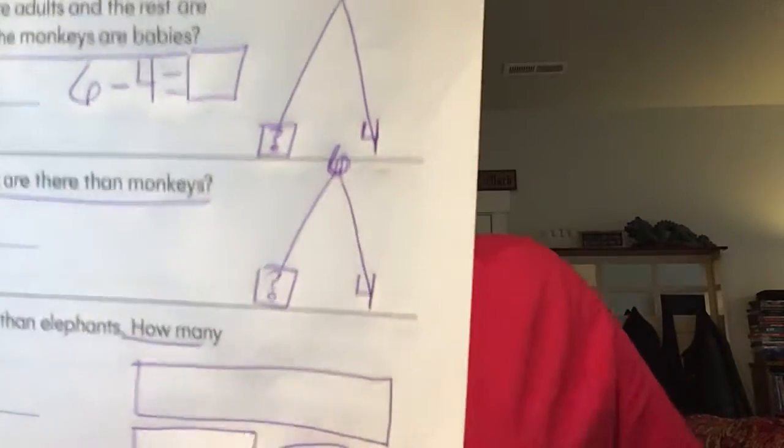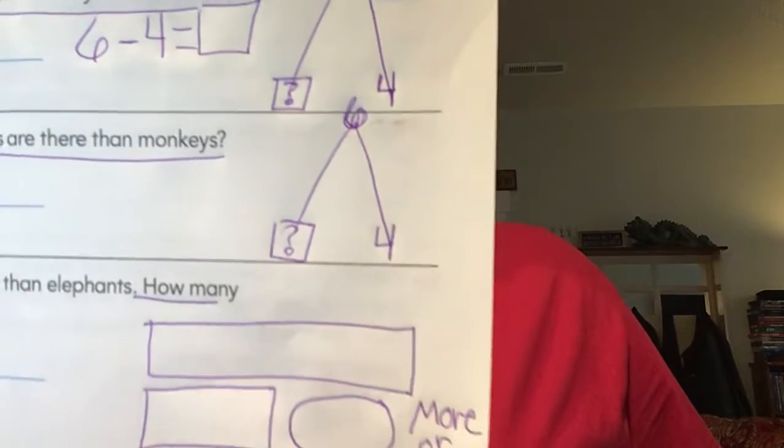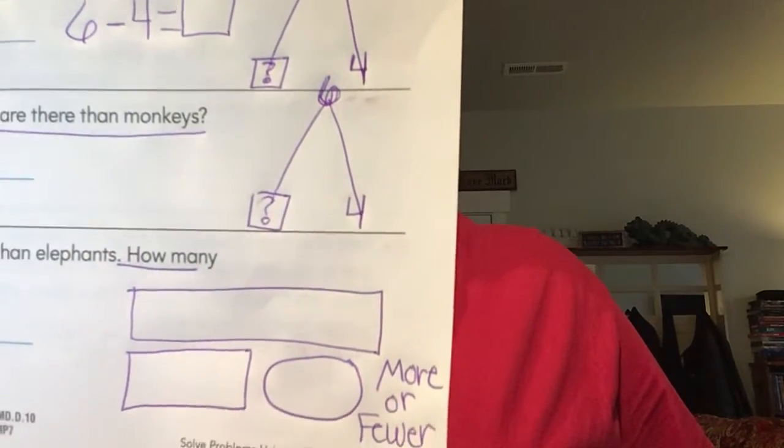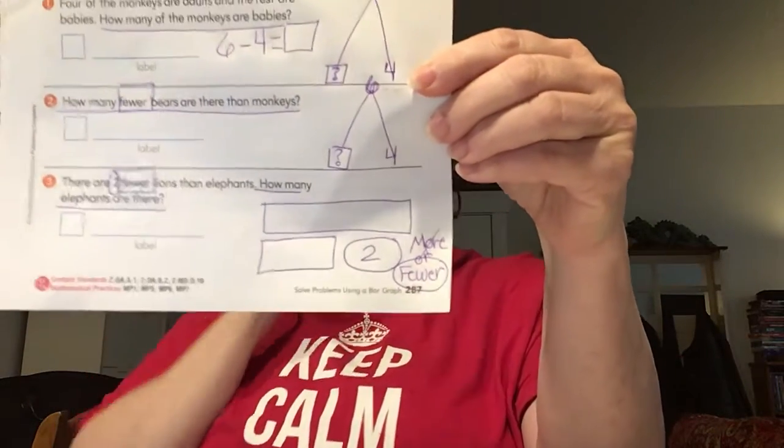Because we have to decide about the more or the fewer. Okay? What did the problem say again? There are 2 fewer lions than elephants. So guess what? We know that it's not going to be more. It's going to be fewer, and we know there are 2. So that's what we put in our comparison bar, remember?